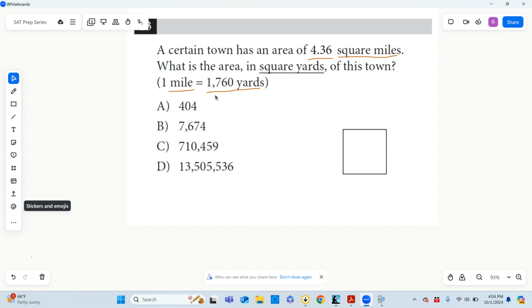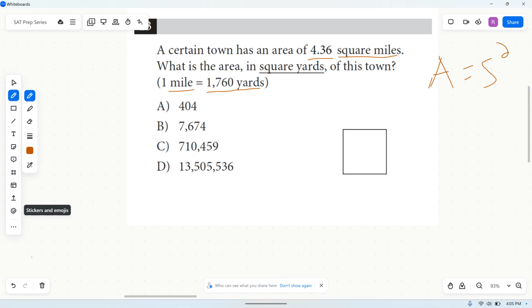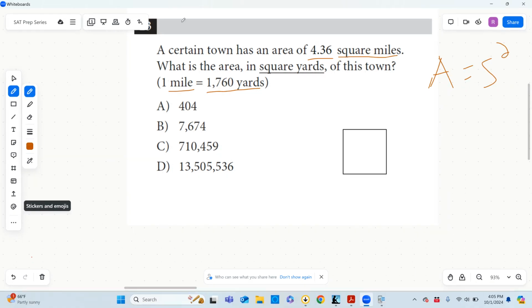So if this is 1 square mile, remember the area of a square, area equals side times side, or side squared, which is where the term square comes from. So if this has an area of 1, if this is 1 square mile, then each side would be 1 mile long, right? 1 times 1, or 1 squared, is 1.